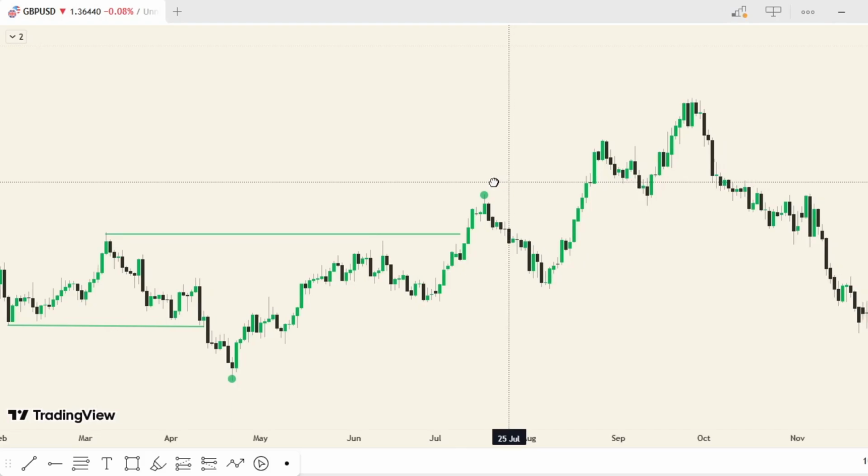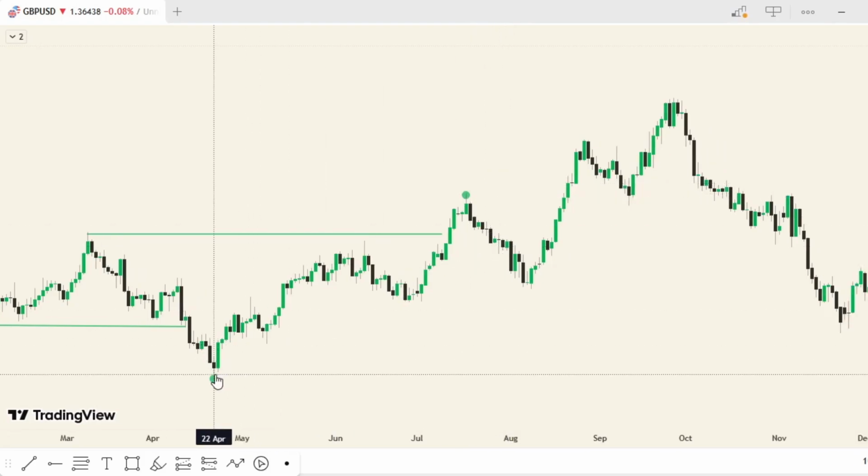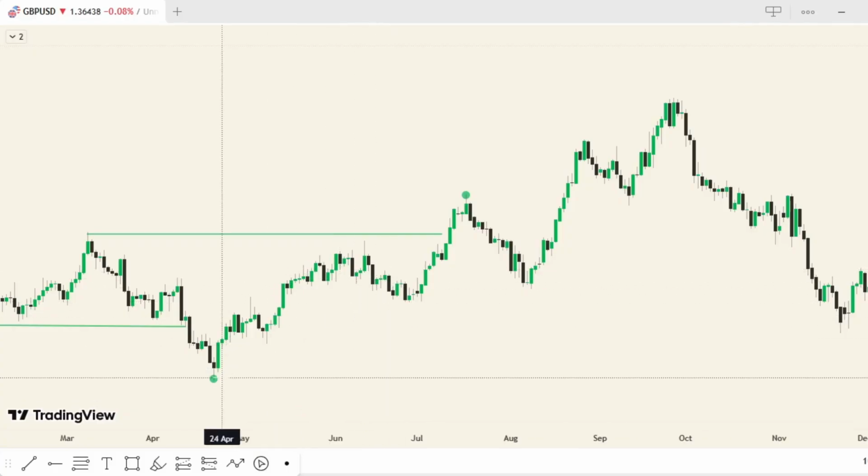So now there is a low that must be protected, which is this particular low here. For this market to continue being in this particular environment, we want to see this being protected.